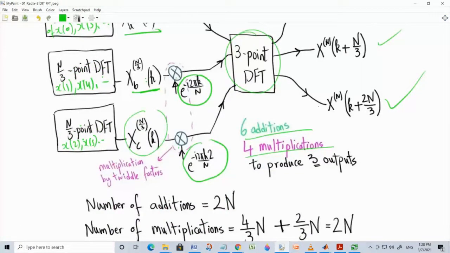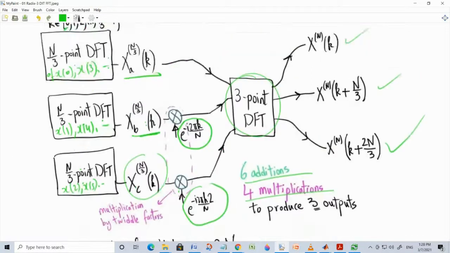And then we have basically the multiplication by the twiddle factors. So let's compute the total number of additions. There are no additions here, those are multiplications, and then we need 6 additions to produce 3 outputs.